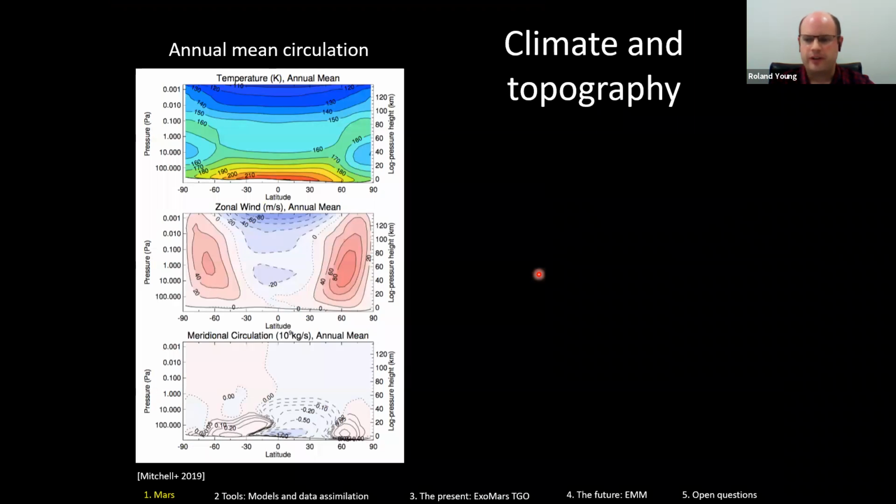So, a little bit of atmospheric science. This plot on the left summarizes the circulation, the annual mean climate, as it were. The top plot shows the annual temperature. We have a relatively warm equator near the ground, a very cold upper atmosphere near the equator, and then cooling off towards the poles.